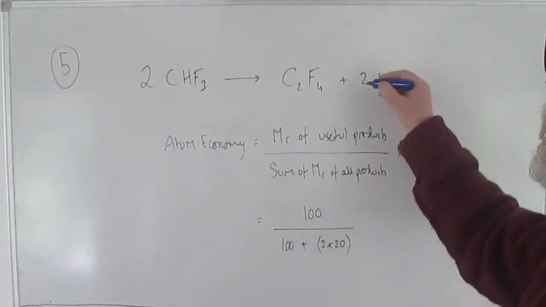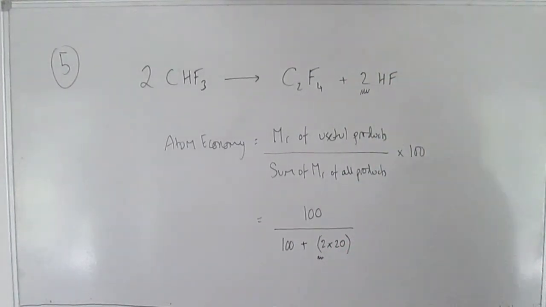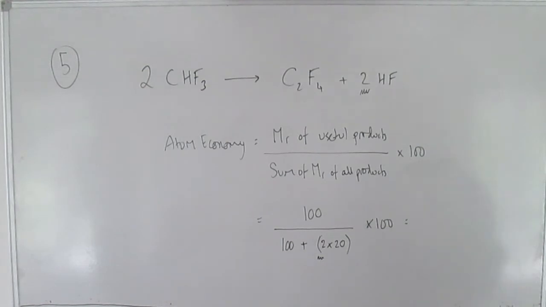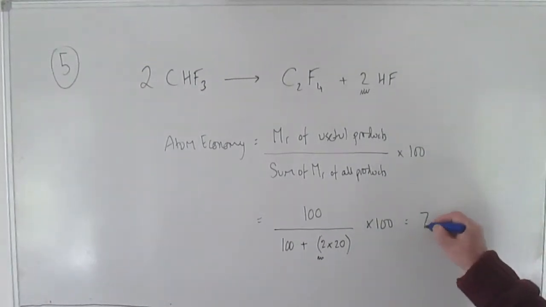Okay, so that's the very important thing, that you've got to include that factor in the equation there. So that's times 100. So that's going to be 100 over 140 times 100, which is 71.4%.